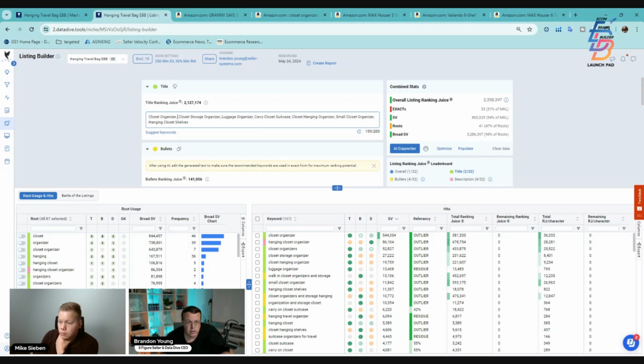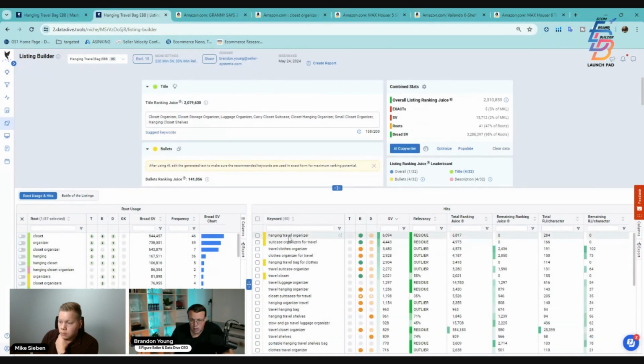And then I'm going to add this one. Oh, that's not the right one. I want to put the travel one in there. So let me put travel. So hanging travel organizer.